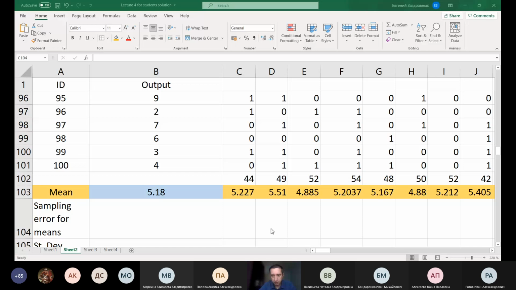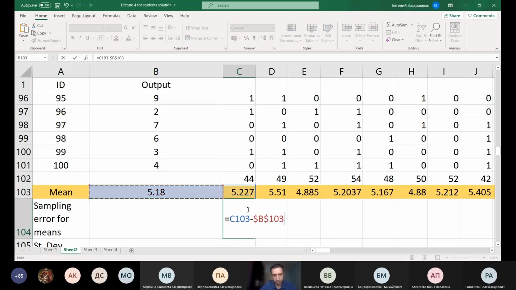Well, next. So now we should calculate the sampling error of the mean. Well, in our formula, it is the difference between sample mean and population mean. Don't forget to freeze the population mean because it is the same for all differences.